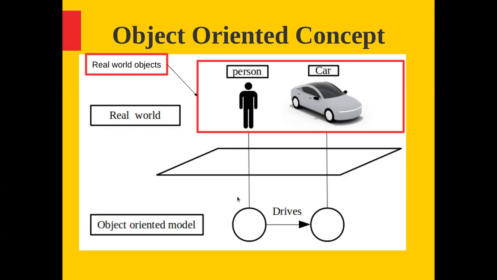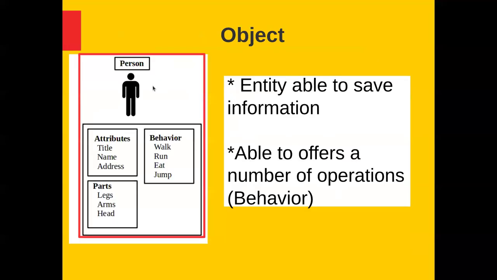Then we map these real-world objects into software. In the object-oriented model, we can give it as a class. Person class. Car class. This person object has attributes and behavior, and parts are also available.